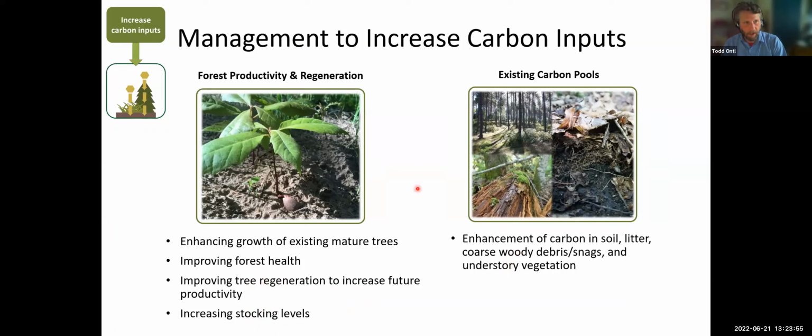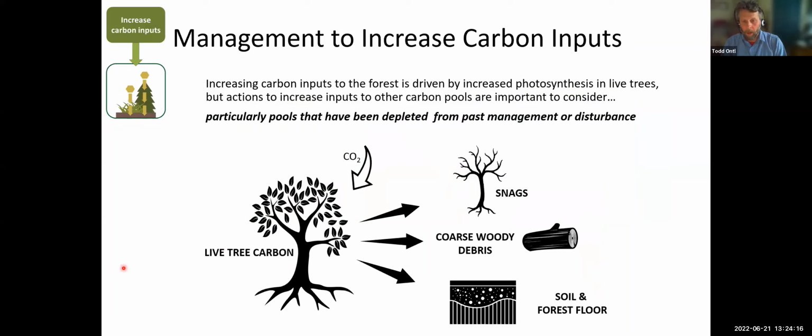Now, it's not just about productivity and regeneration. Of course, I mentioned existing carbon pools, things like soil, litter, woody debris, and understory vegetation. These are all minor components of the total ecosystem carbon, but they are important, and there are a lot of opportunities we can look towards for enhancing carbon in these pools as well.